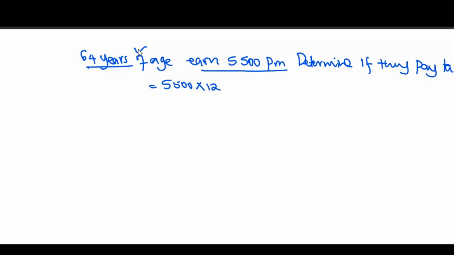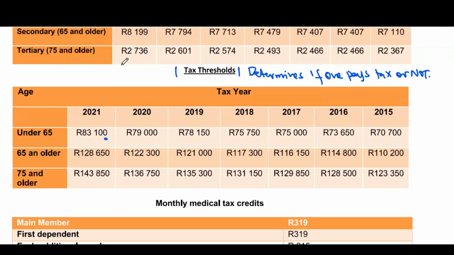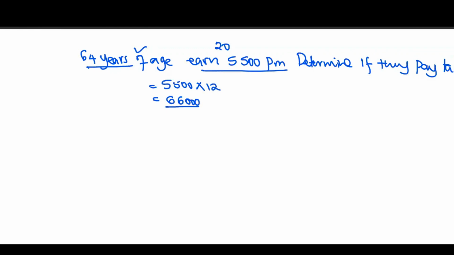So the person at the end of the year has 66,000. Let's take it to be 2019. The person earns this in 2019.